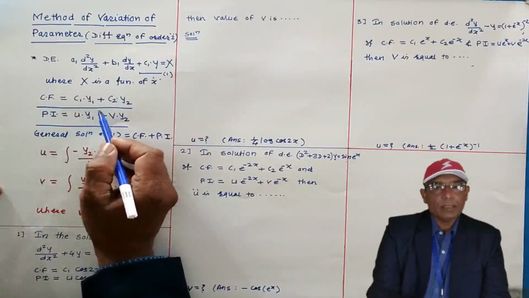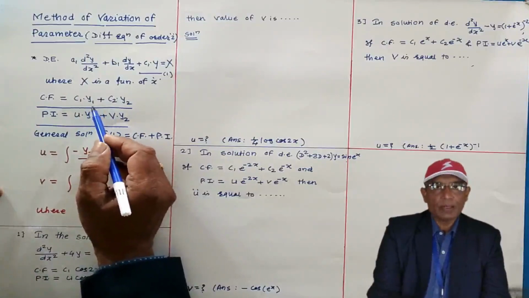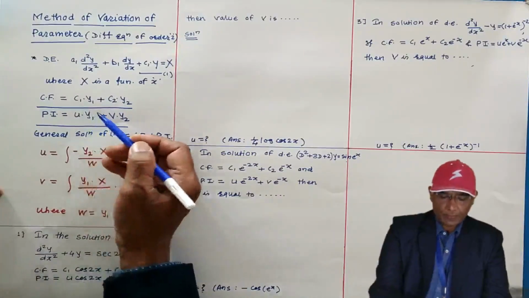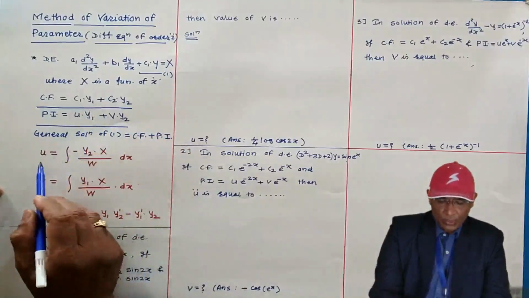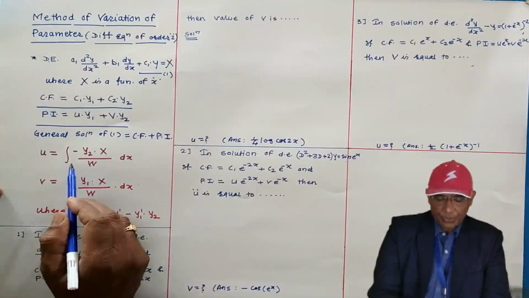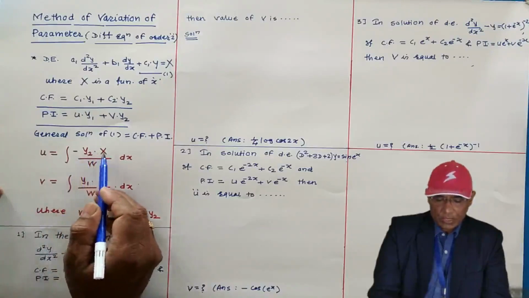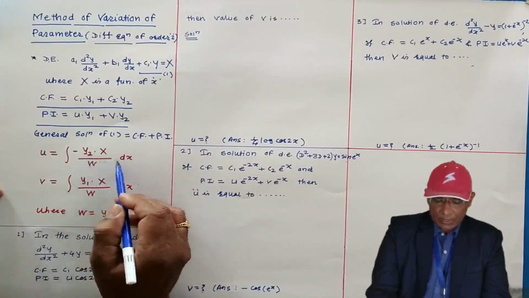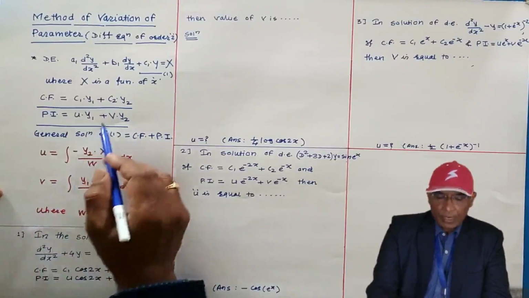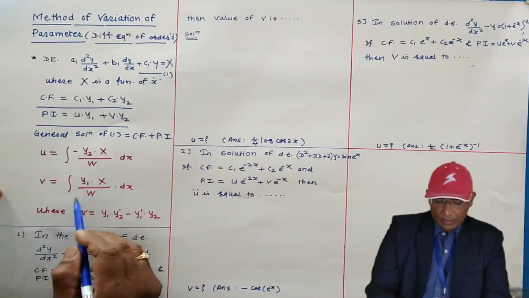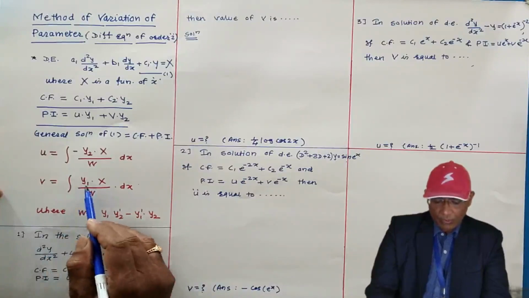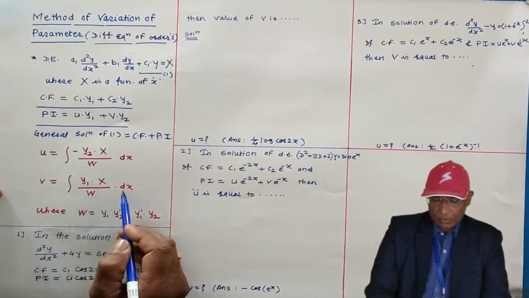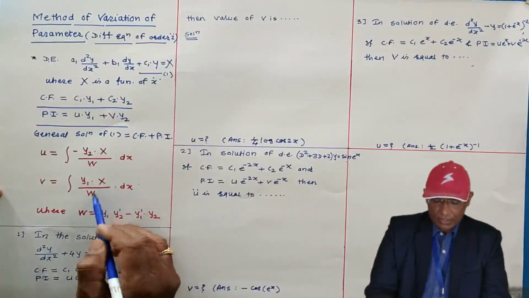So indirectly, we use the complementary function to find the particular integral. The formula for u is the integral of minus y2 X by w with respect to x, and for v it is the integral of y1 X by w with respect to x.